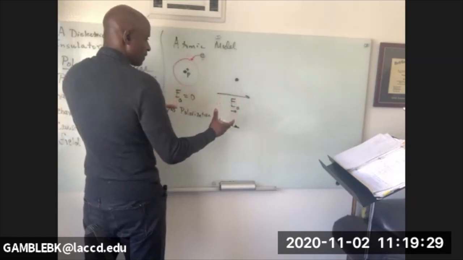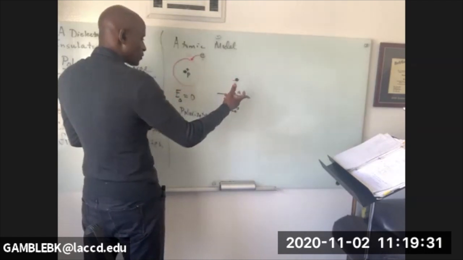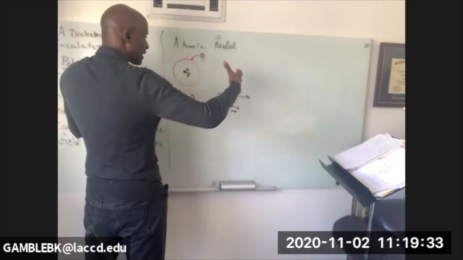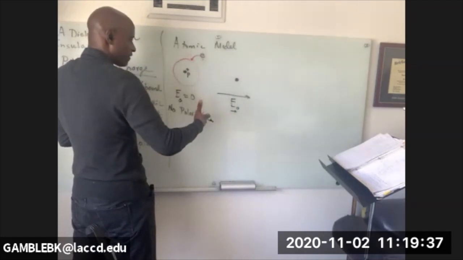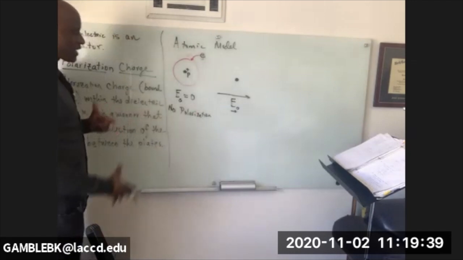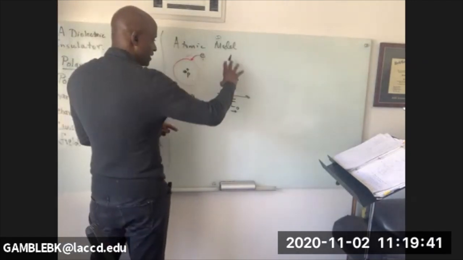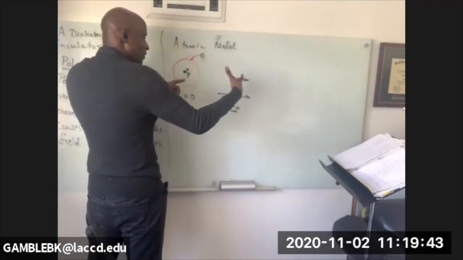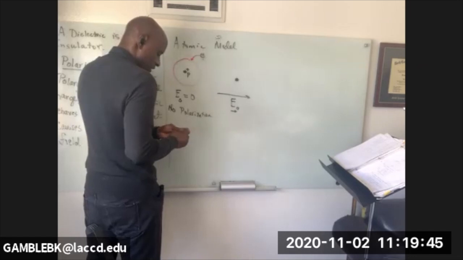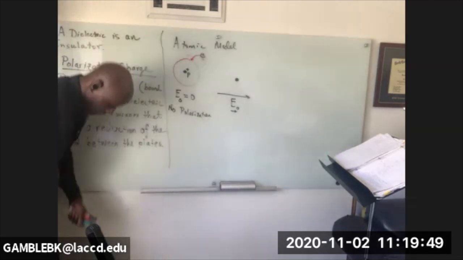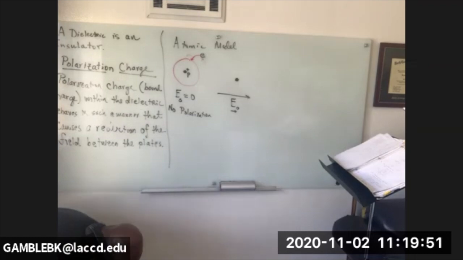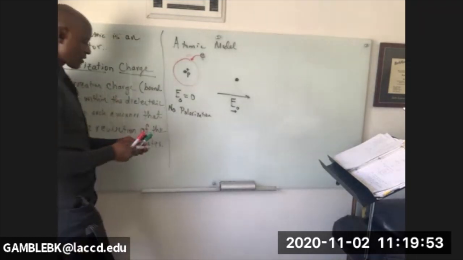And remember, the positive charge can't really move, so it doesn't shift much. But the electron wants to go toward the positive plate of the capacitor. It can't just move over there because it's bound to its atom, so it shifts a little bit. So it breaks the symmetry that it had prior to being exposed to that external field. And again, this is just a model, so it probably doesn't actually look like this.